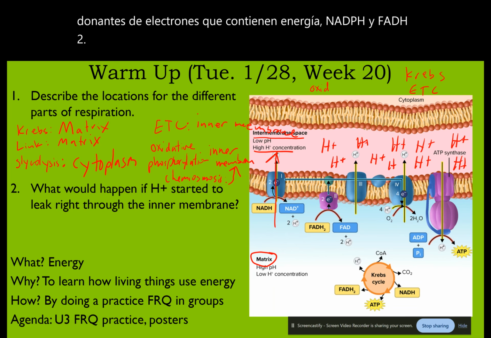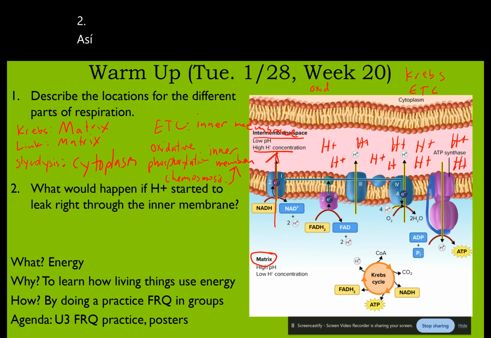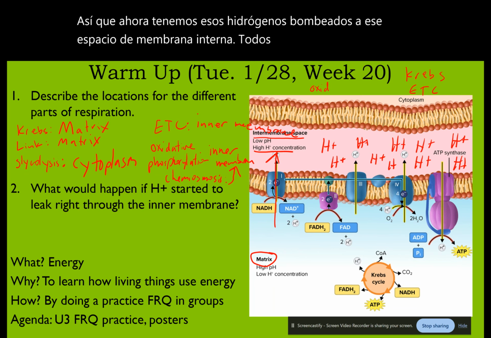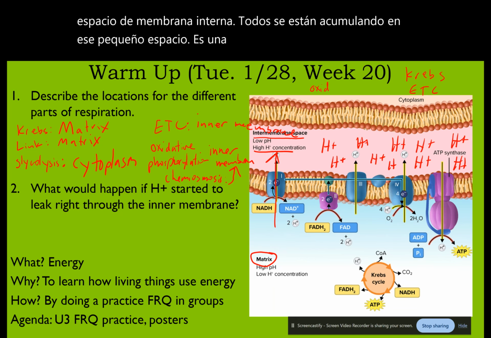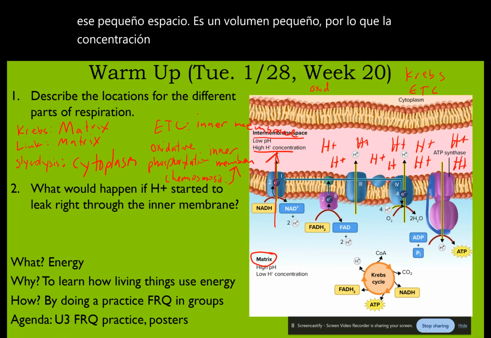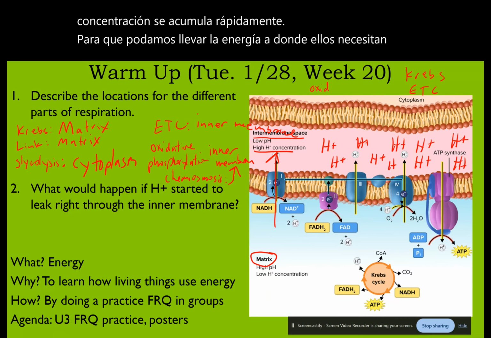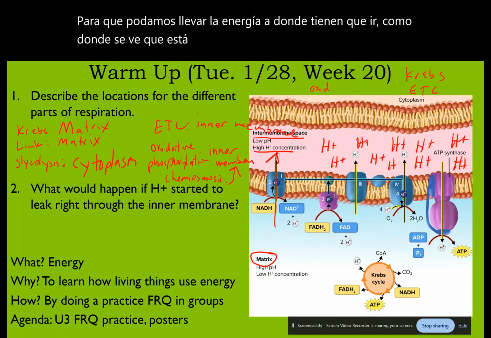So now we've got those hydrogens pumped into that intermembrane space. They're all building up in that little space. It's a small volume, so concentration builds up quickly. In order for us to get energy, where do they need to go? Like, where do you see the ATP being made? Oh, right over here.